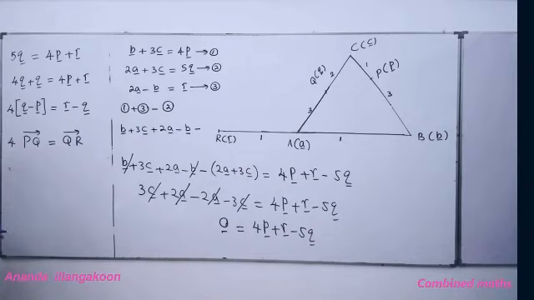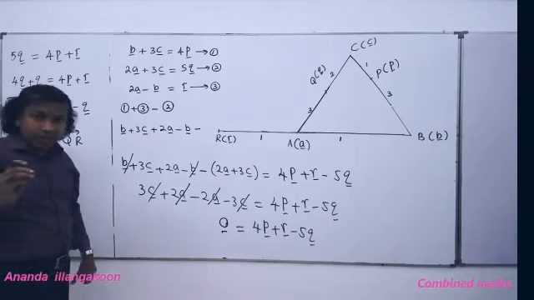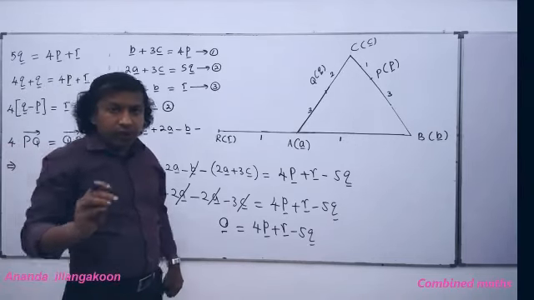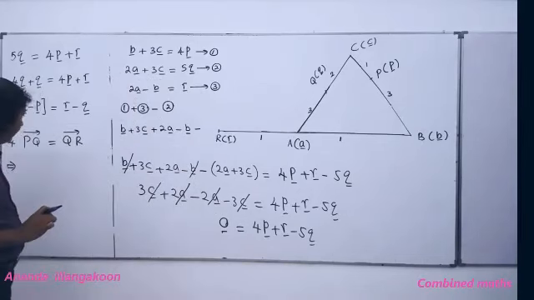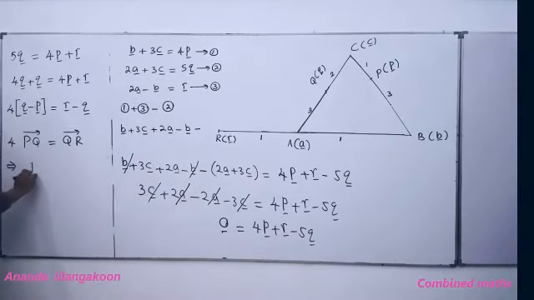You can very clearly see here, this implies 2 vectors are equal. People, you know, when 2 vectors are equal, the corresponding line segments are parallel. Left hand side line segment is what, people? PQ. PQ is parallel to QR.